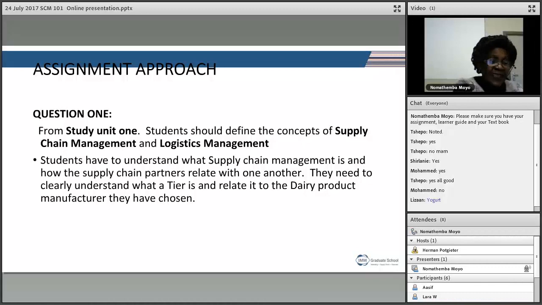And who supplies, that is tier 1. The people that supply you directly are tier 1. And then tier 2 is the people that supply your suppliers. And then tier 3 are the people that supply your suppliers' suppliers.